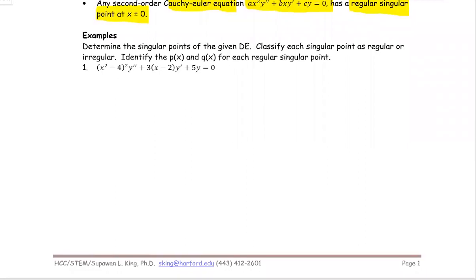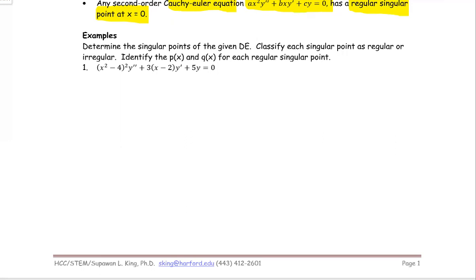Examples. Determine the singular points of the given differential equation. Classify each singular point as regular or irregular. Identify the lowercase p(x) and lowercase q(x) functions for each regular singular point. Part 1.